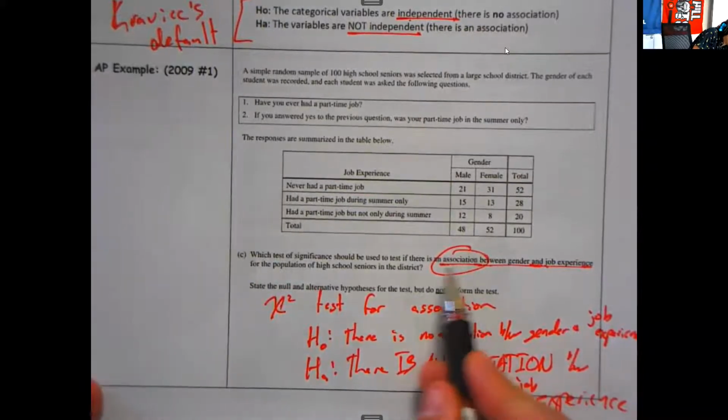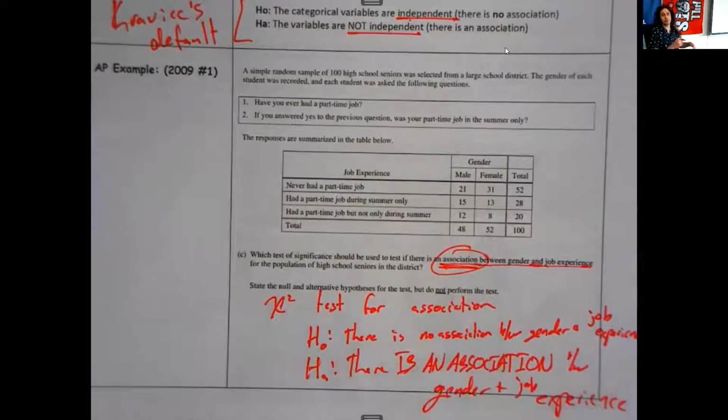Because the phrasing of the question indicated that association was the wording they were going to use, I'm going to match their wording because their key is going to have words like association in it as well. Could have gone either way, but the assumption here is going to be no association, or the assumption is going to be independence. And in person, hopefully, we will talk about the logic behind this independence stuff. What is it? What does independence look like in a two-way table?